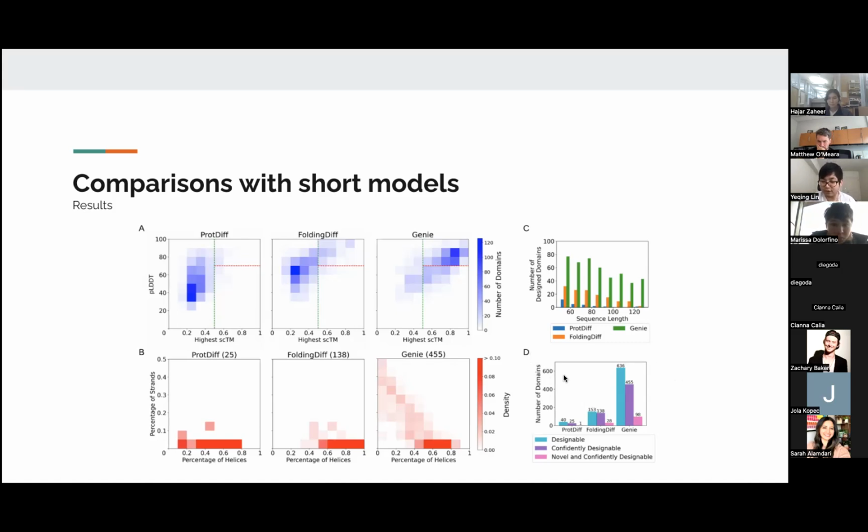And graph D shows the numbers for designable, which is just scTM greater than 0.5, confidently designable, scTM greater than 0.5 and pLDDT greater than 70, as well as novel and confidently designable. As you can see, Genie is able to generate, I think, around 10% of structures that are considered novel, which is not that bad considering the complex protein structure space.